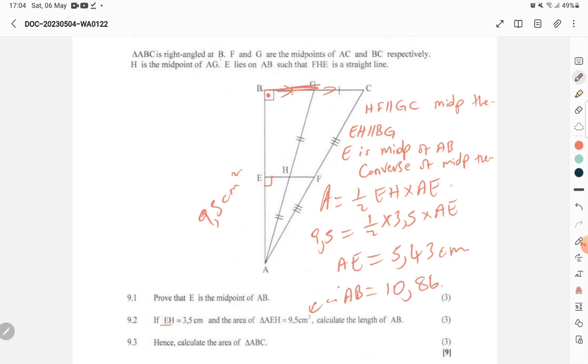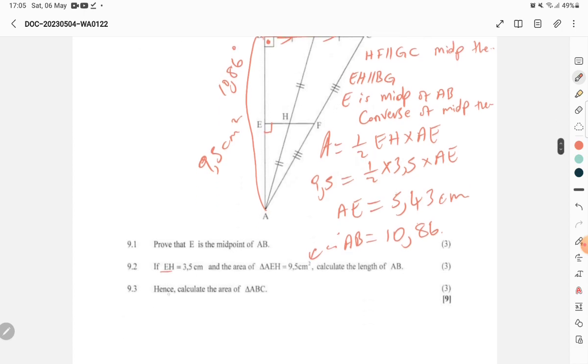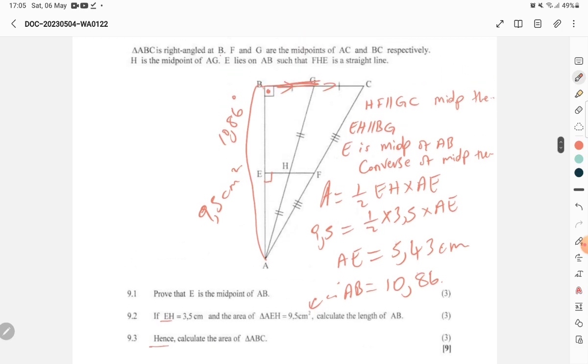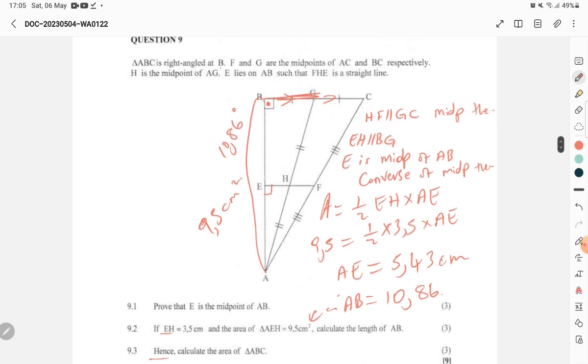So this length is going to be 10,86 if we round off to two decimal places. So we have that. So hence calculate the area of triangle ABC.